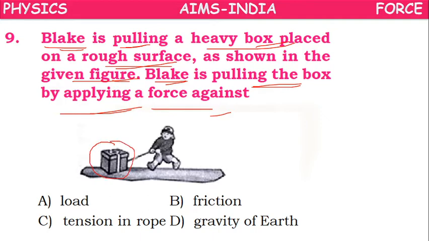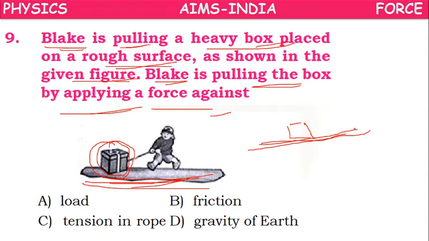The heavy box is on the earth or land, means the box and land are in contact with each other. If you want to move the block, the land tries to stop the block. That is called friction.